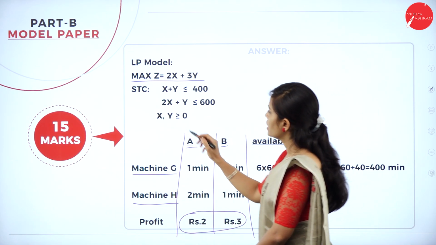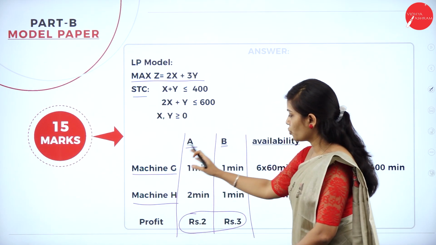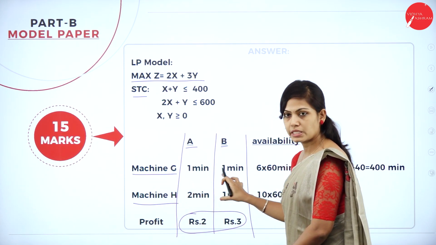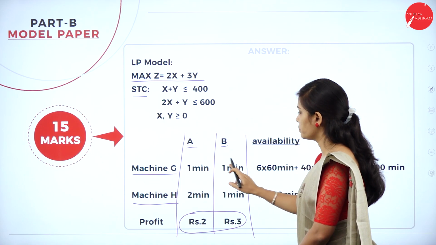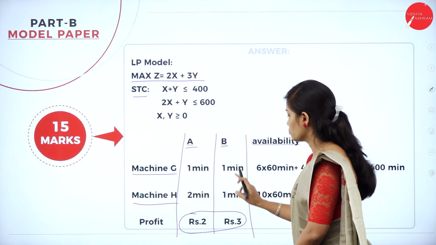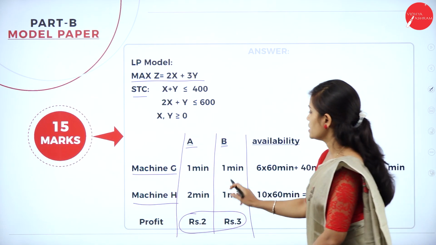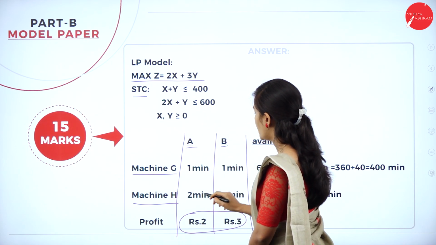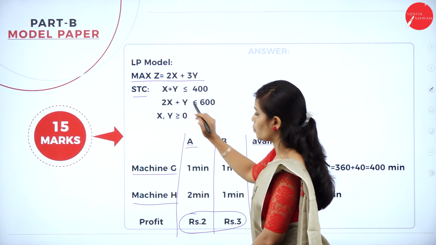Clear? And subject to constraints. So write the machine G and machine H processing times: 1 minute for type A, 1 minute for type B, 2 minutes for type A, 1 minute for type B. That is x + y and 2x + y.